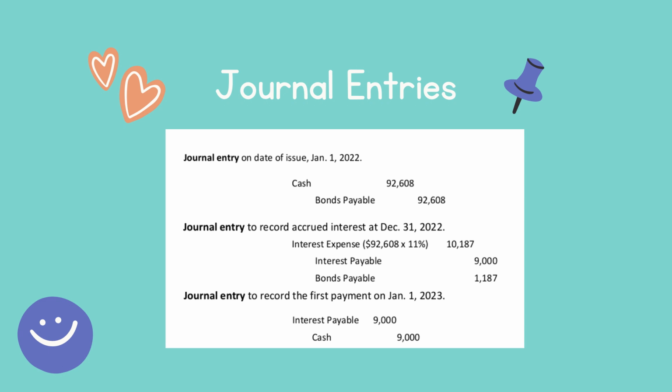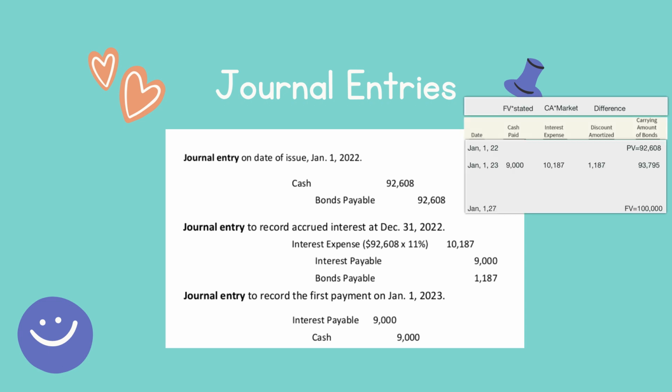Okay? Now, at the end of the year, I need to adjust my records. So, when it's issued at discount or issued at premium, I need to prepare something called an amortization table. It's going to be easier for me to journalize. So I'm going to do the amortization table now and I'm going to explain it. So when we have issuance at premium or discount, we have to draw the amortization table.